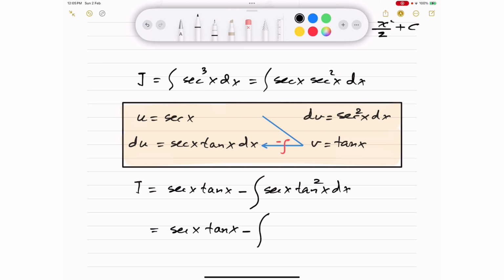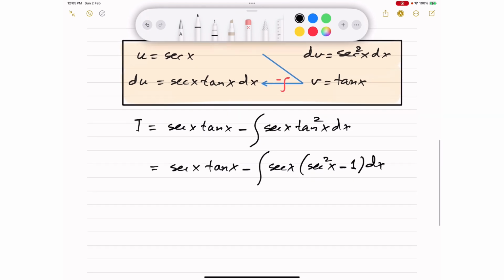For the second term, I'm going to replace tangent squared by secant squared minus 1, so this is secant squared of x minus 1 dx. Then I will distribute, so this is equal to secant of x tangent of x minus the integral of secant cube of x dx, and negative negative becomes positive, secant of x dx.